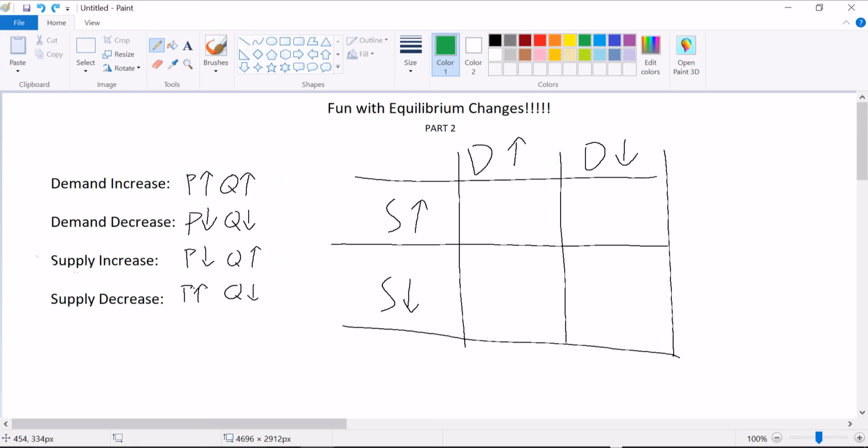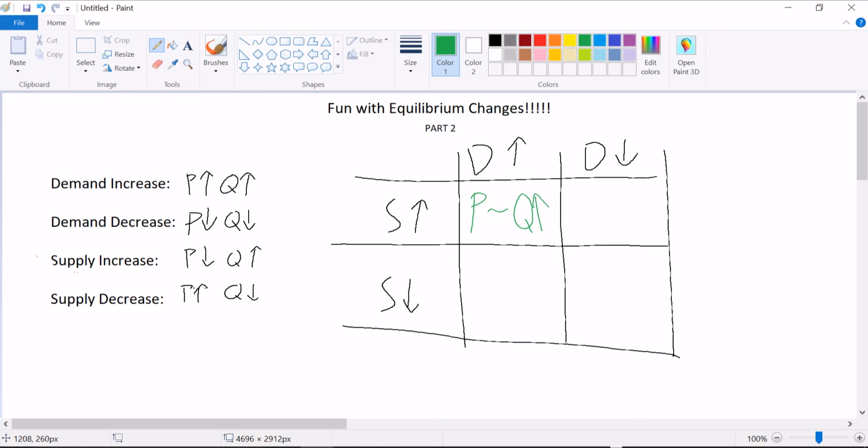And it will depend which one is bigger. So I'm not going to put an arrow here, I'm just going to put a little blank because I don't know. Now if I look at the demand increase for quantity, the supply increase for quantity, those both have quantity moving in the same direction. And so I will confidently predict that the quantity will rise.